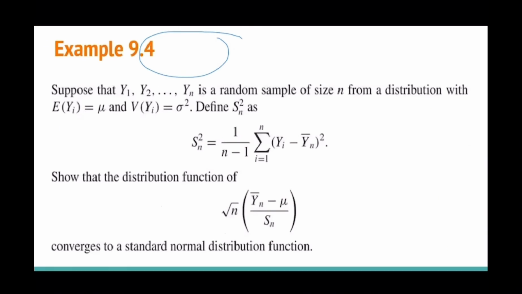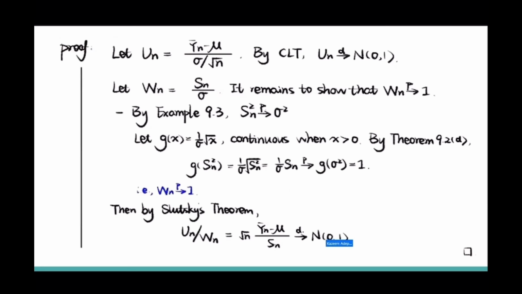This is what we want to investigate. But we know from the central limit theorem that Un is expected to follow a standard normal distribution with mean zero and variance one, that is if and only if the sample size is large.